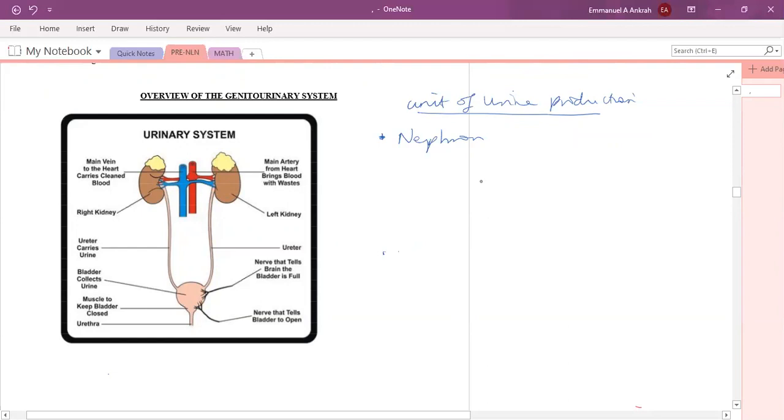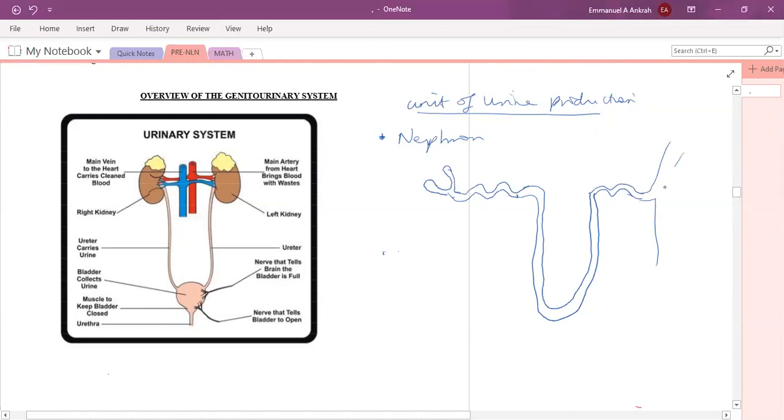And then the nephron, if you take the nephron, it looks like this. It goes up and down like this, and then has the hairpin loop structure, and then up and down again, and then gets to what they call the collecting duct somewhere there.